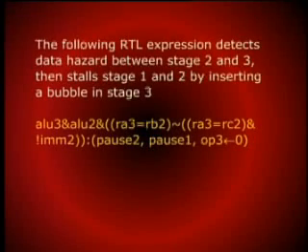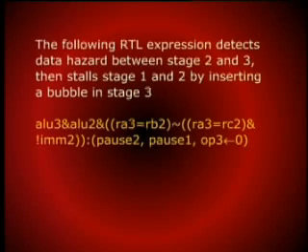The slide shows the RTL description. The following RTL expression detects a data hazard between stage 2 and 3 and then stalls stage 1 and 2 by inserting bubbles in stage 3.